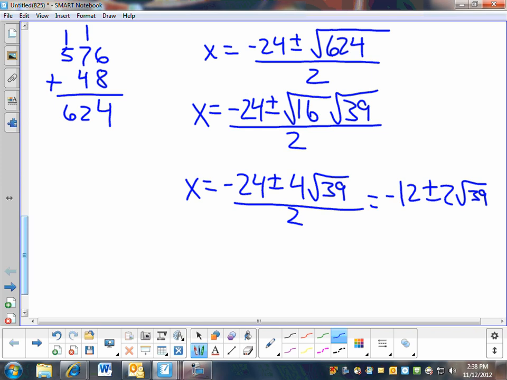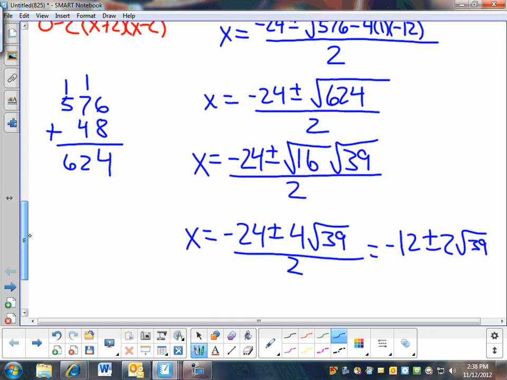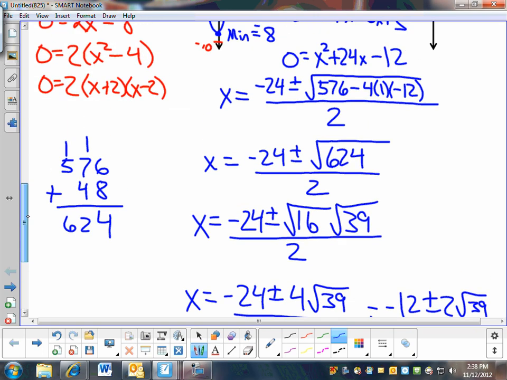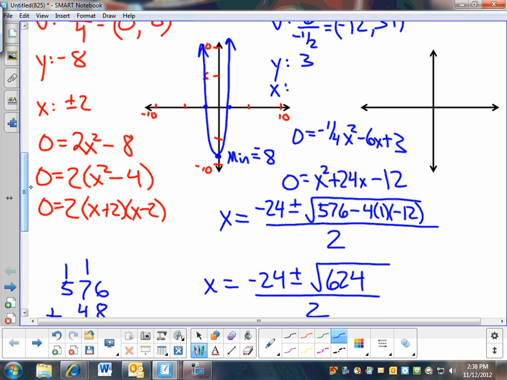The question was, what are two numbers that multiply to negative 12 but add to 24? These are the two numbers. They're not rational, so they're hard to come up with on our own.